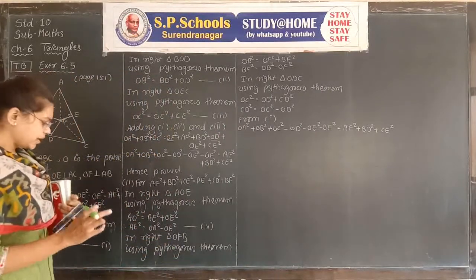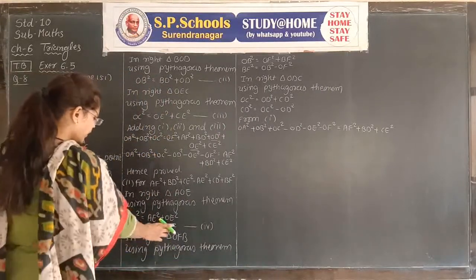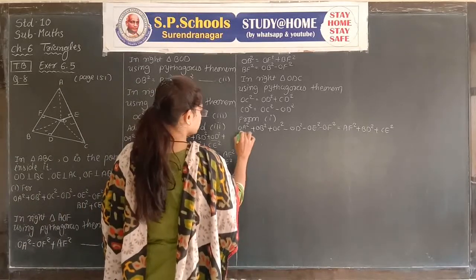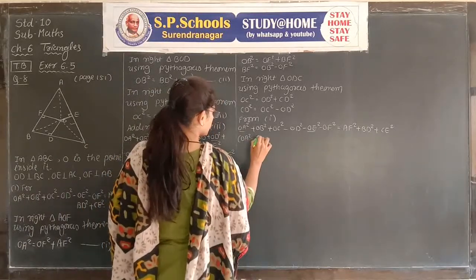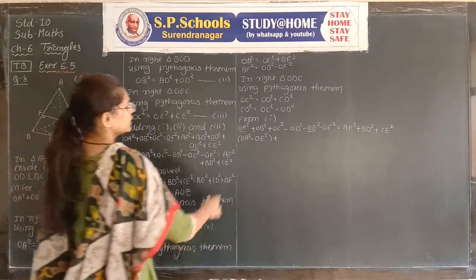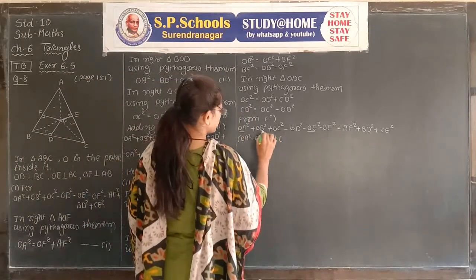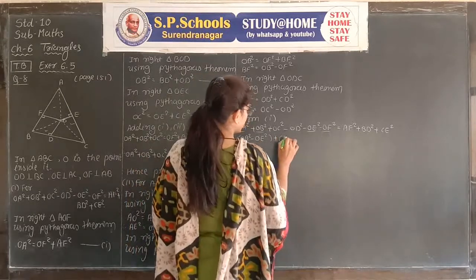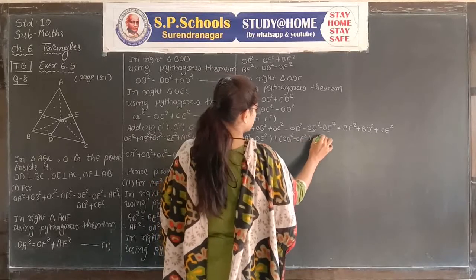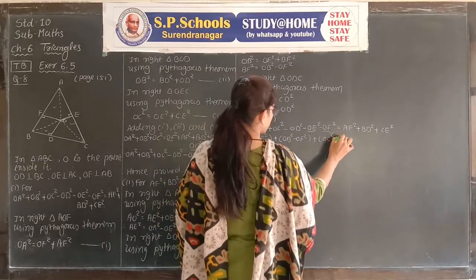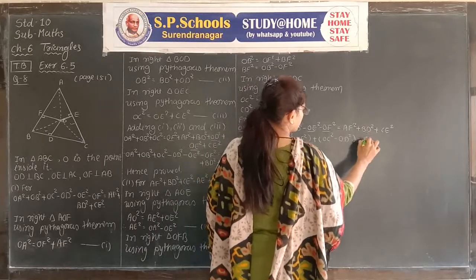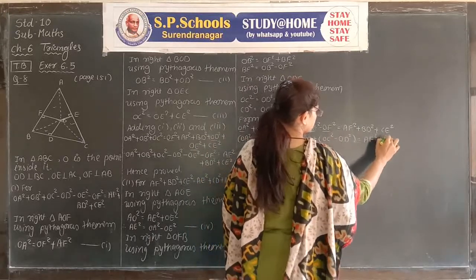Now make the pair as we want. OA square minus OE square plus OB square minus OF square, and the last is OC square minus remaining OD square. The right hand side remains as it is.